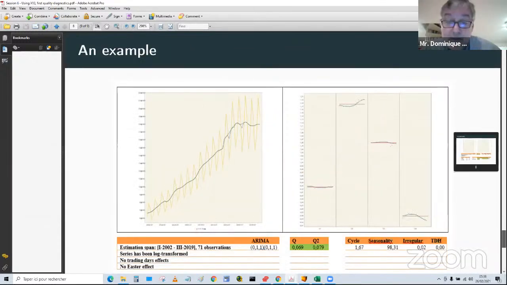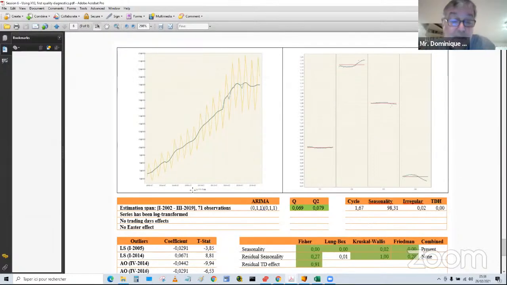In the second part of the sheet, here you have the descriptive analysis: number of observations, the span, the ARIMA model, the decomposition model, the presence of trading day effect or Easter effect here. The Q statistics are in green because they are good, they are smaller than 1.